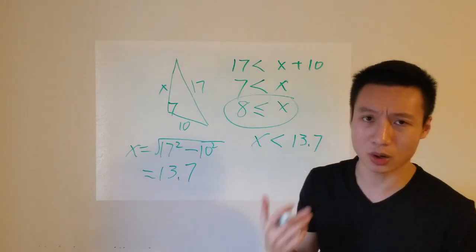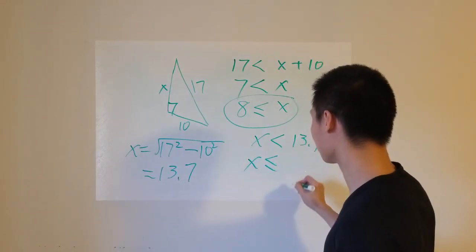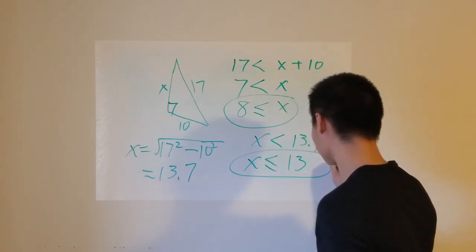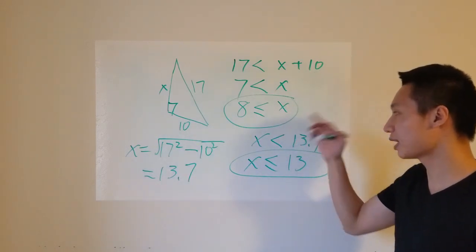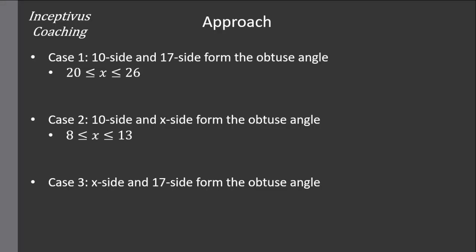Since x can only take on integer values, x must be less than or equal to 13. So therefore, x can be 8, 9, 10, all the way until 13. In total, there are 6 values for x.